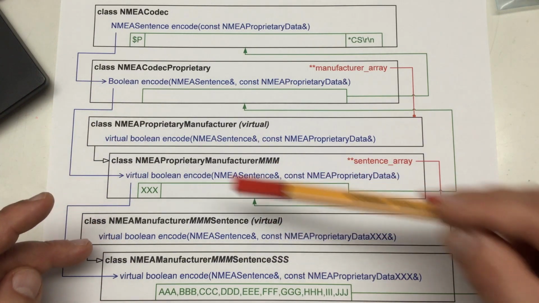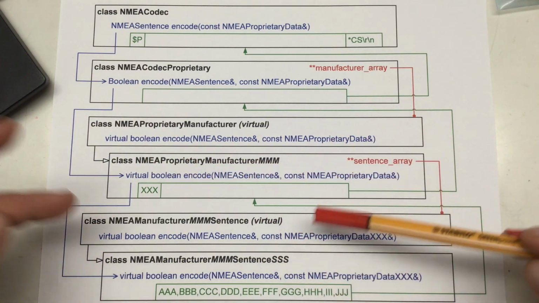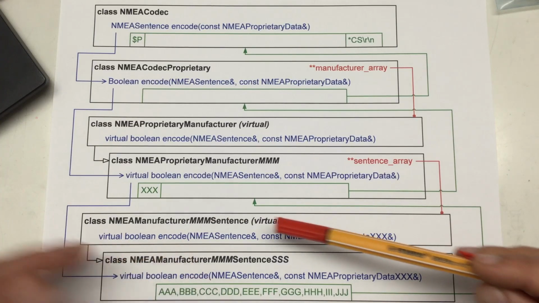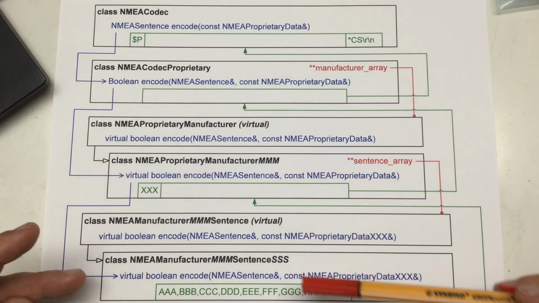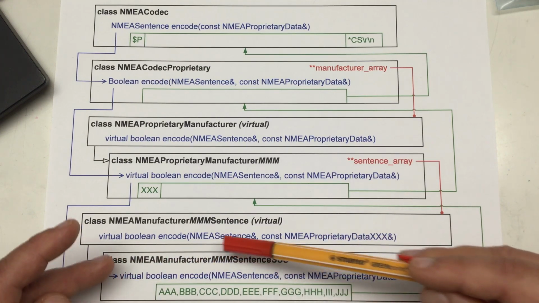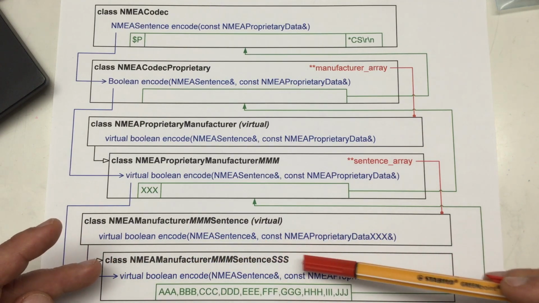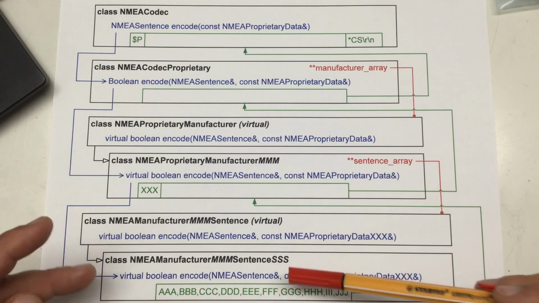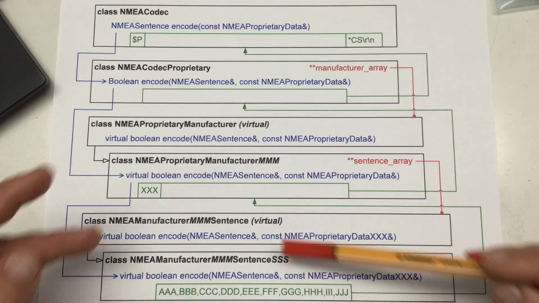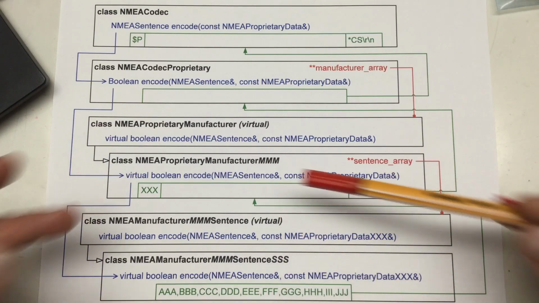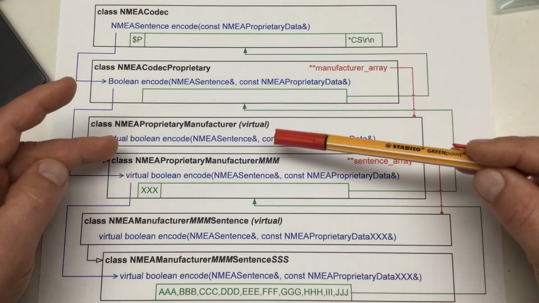And below that, dropping the proprietary, we have the NMEA Manufacturer MMM sentence base class, and then the NMEA Manufacturer MMM sentence SSS, so the sentence identifier of the manufacturer derived classes. A lot shorter here and a lot more concise here.